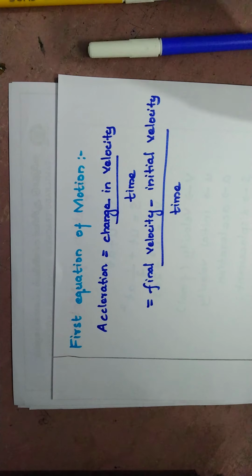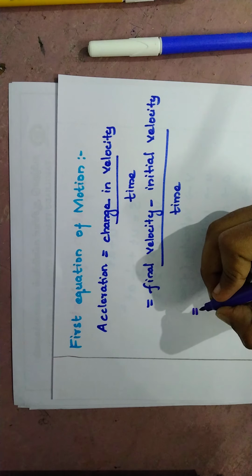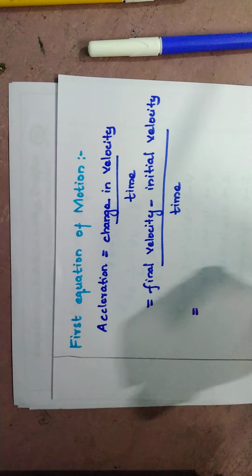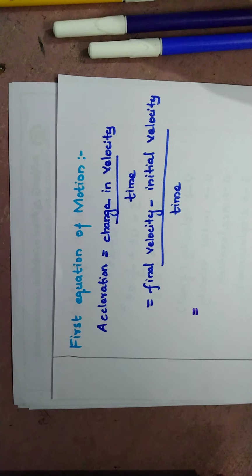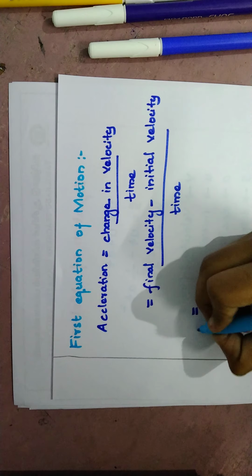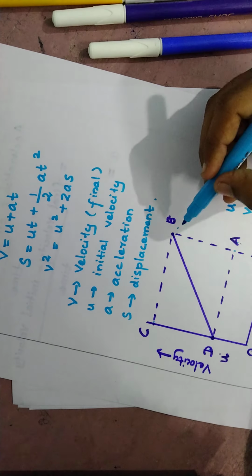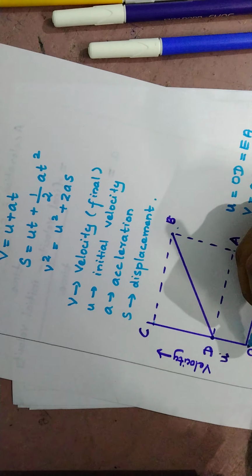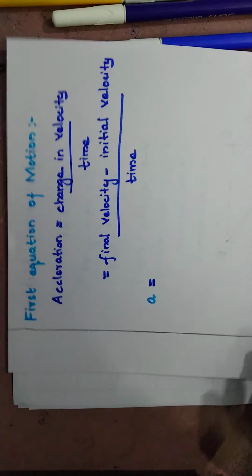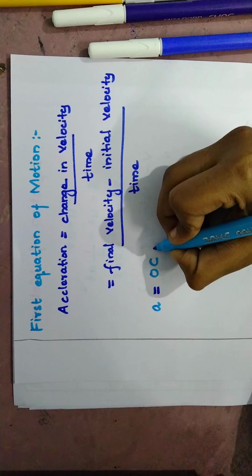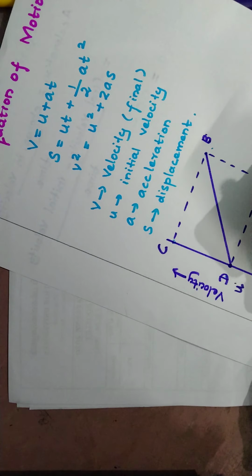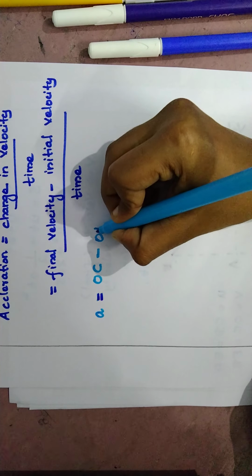Acceleration is written in the form of small a. The final velocity is OC, so OC minus the initial velocity, that is OD, divided by time.